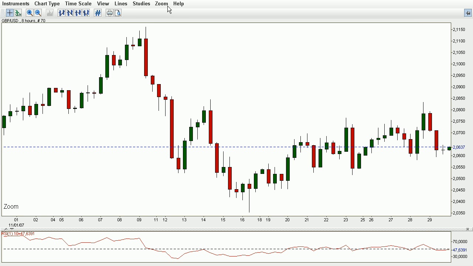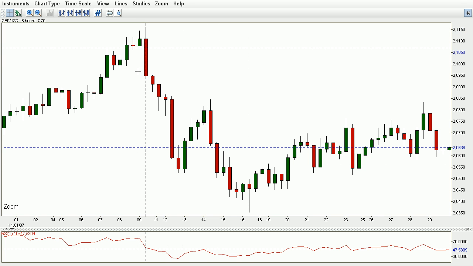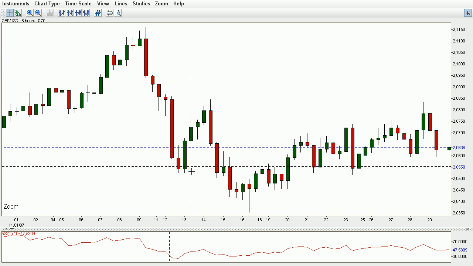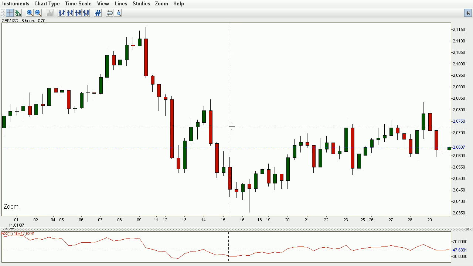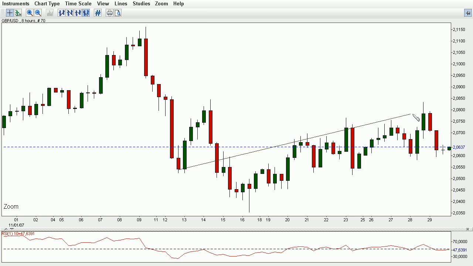And a very important thing before an initiation of a downtrend is first to have a decline, as we see here on the chart between the 9th and the 16th of November, and then we have a little correction area, which is probably a continuation pattern, a rectangle like pattern.